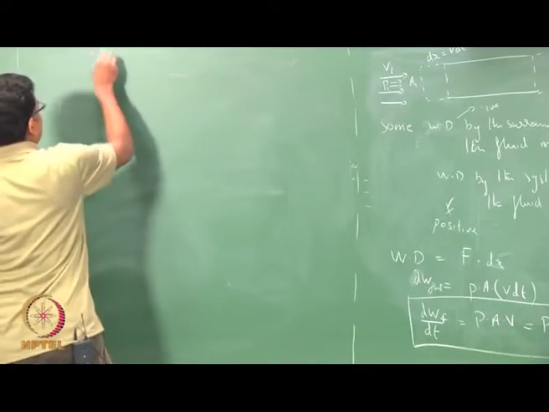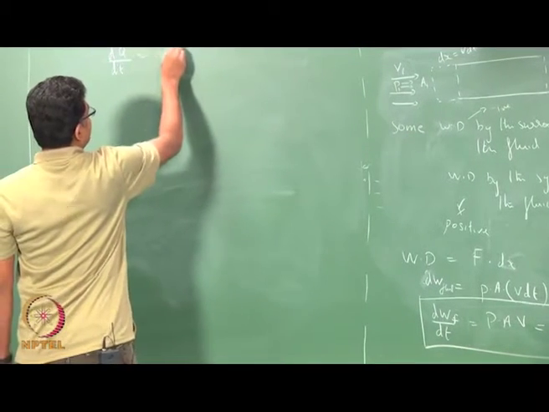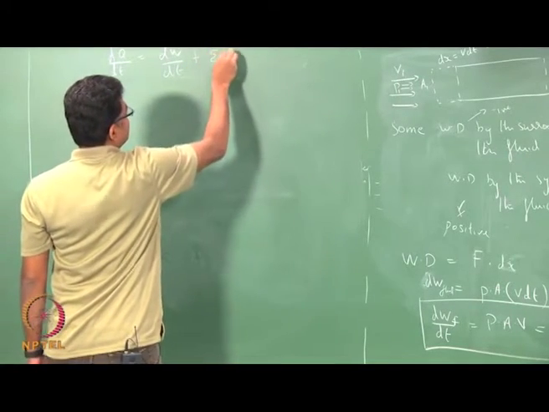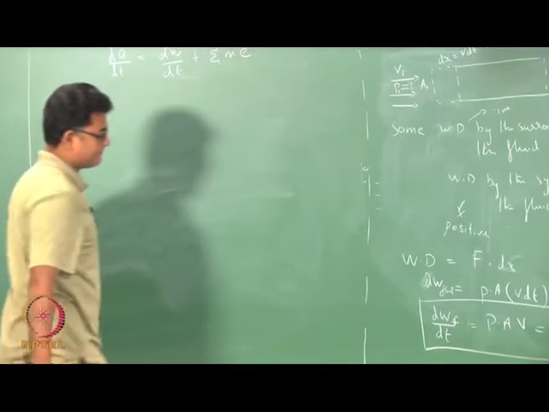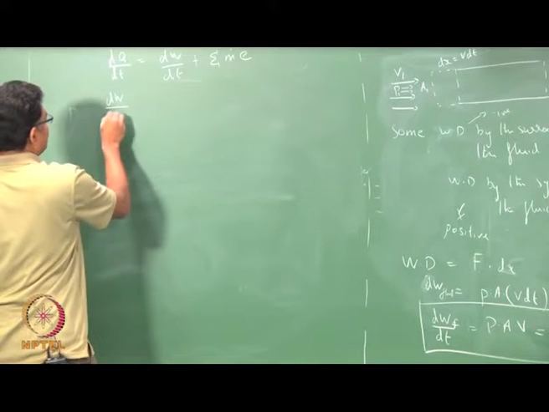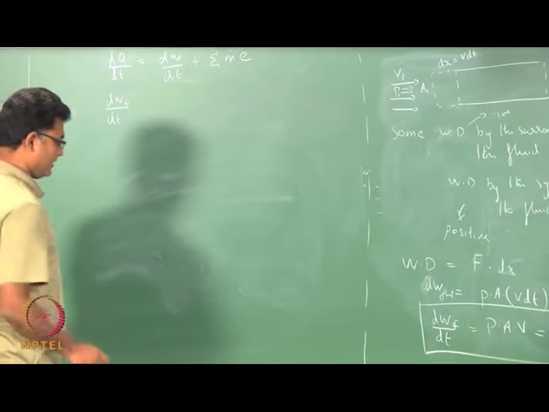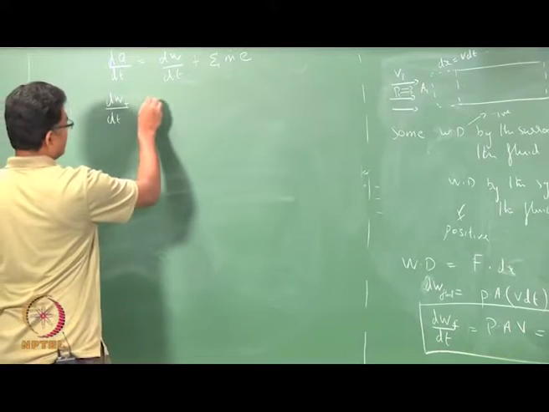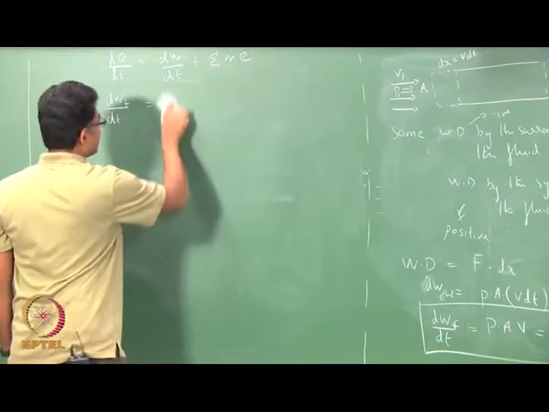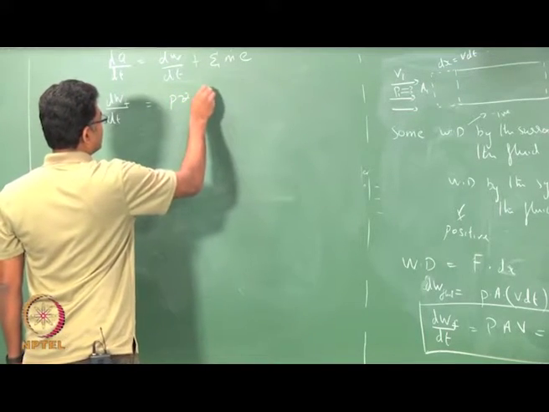So, I have dQ by dt to be dW by dt plus sigma m dot E, and my dW by dt contains two components. One is the work done by the fluid, which is P v into m dot.